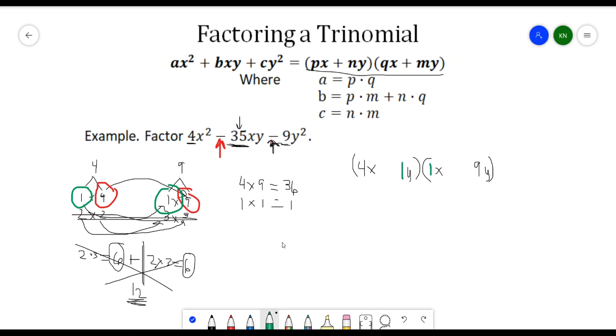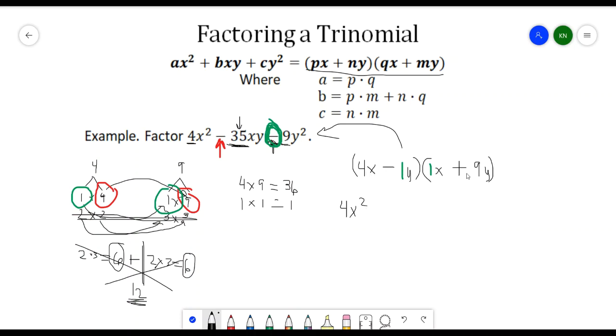Alright? Now, it says here that it is negative, meaning to say they have different signs, one negative and one positive. And if you expand this, you have to come up with the same expression. Now, let's try to check this one. 4x times x is 4x squared, right?